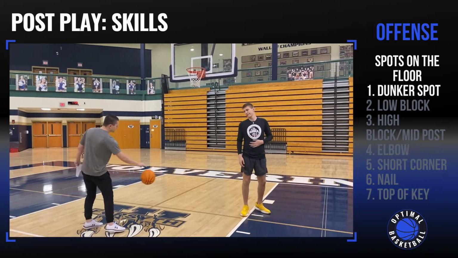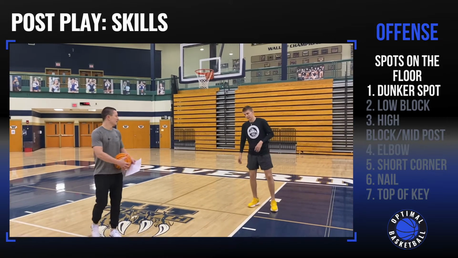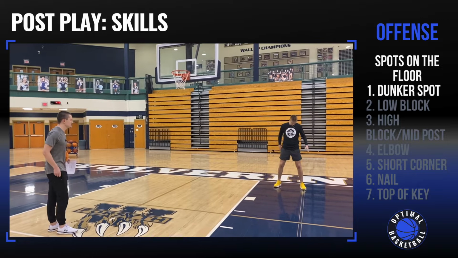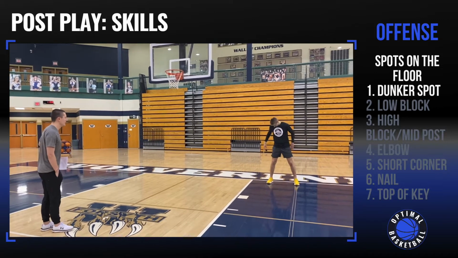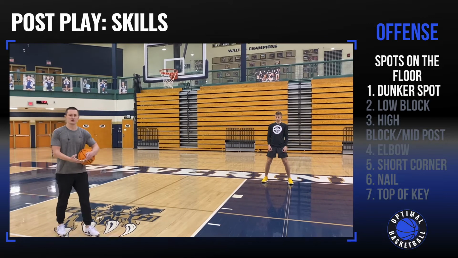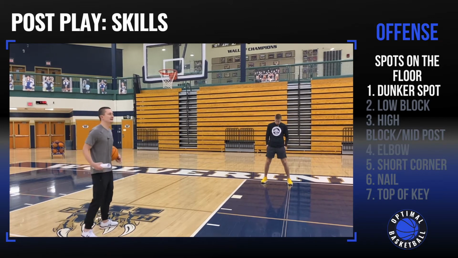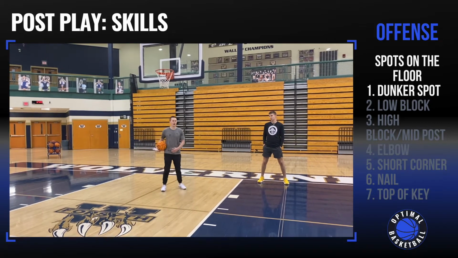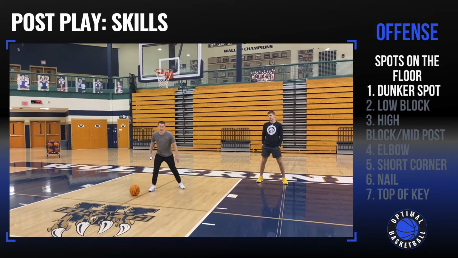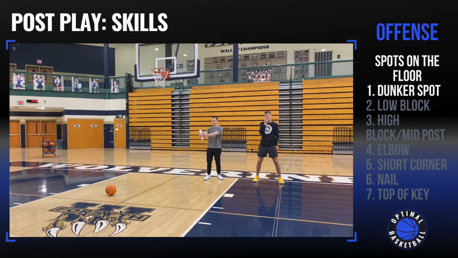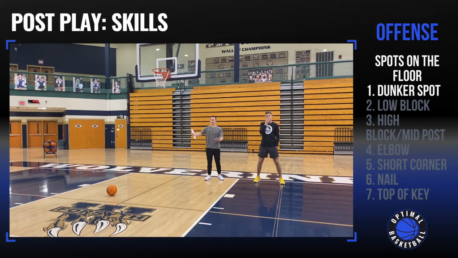The first one is the dunker spot. So the dunker spot is on the baseline. Your heels are as close to the baseline as possible, and you are squared up to the basket. This is normally out of a dribble drive offense, and the idea behind the dunker spot is if I'm the defender on this player and I'm all the way back here defending them, well, that's good because now you have all this space in the paint open for your teammates to drive.